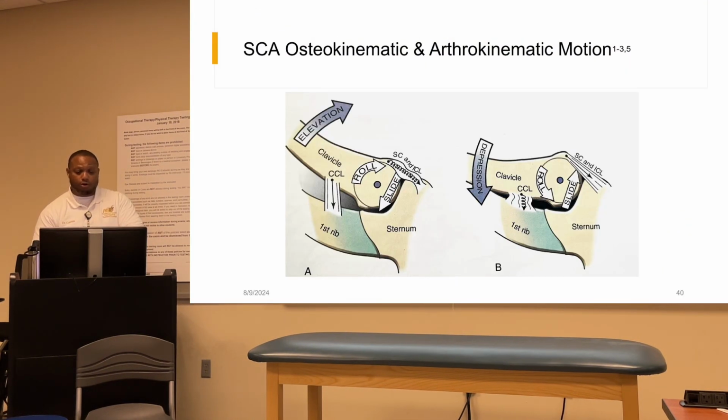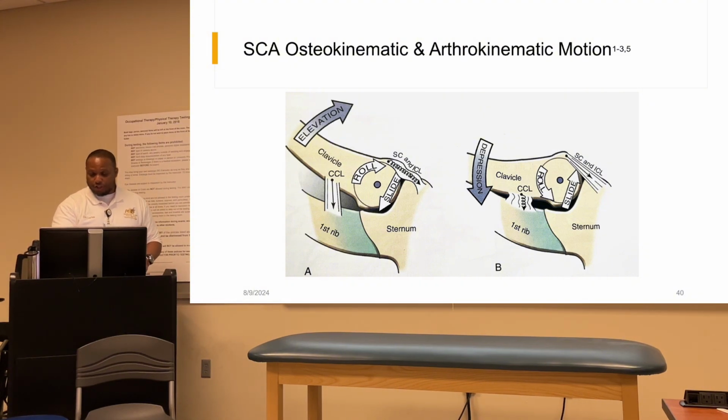This is the visual for the elevation and depression or arthrokinematic motion. So you can see right here, elevation of the clavicle on the sternum, where you get a superior swing and roll and an inferior glide or slide of the medial head of the clavicle on the sternum, the manubrium of the sternum.